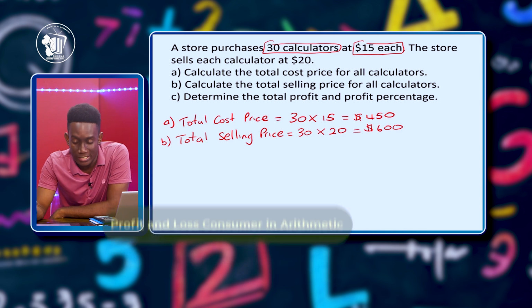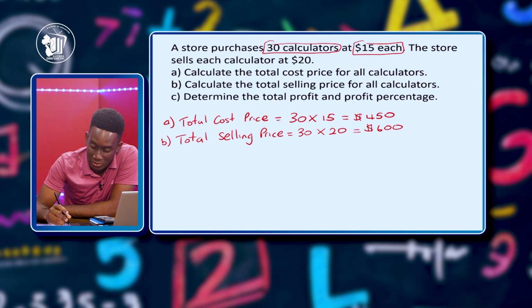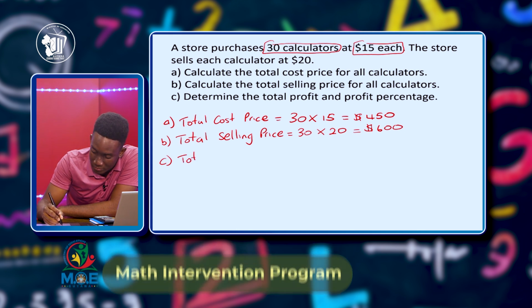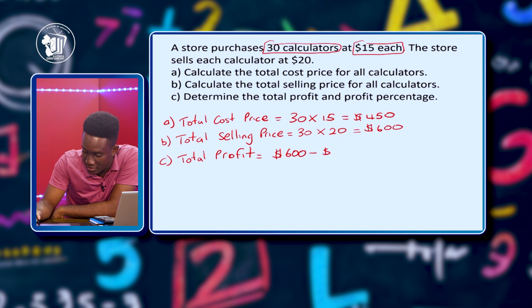And last but not least, they ask us to determine the total profit and the profit percentage. So let's find the profit. The total profit would be the $600 subtract the $450.